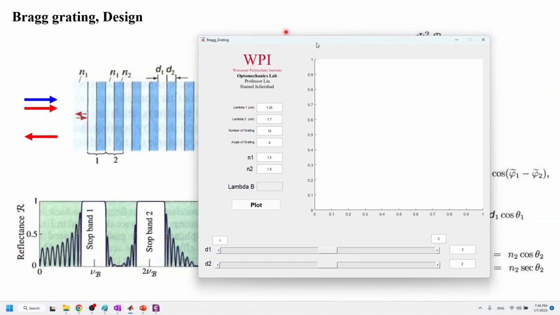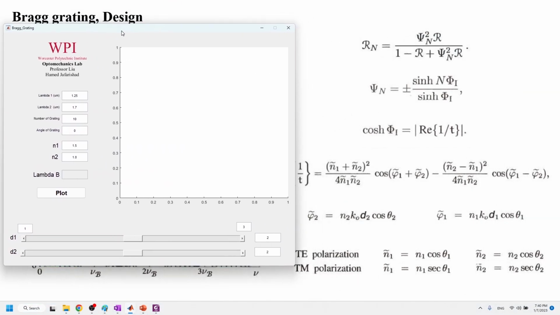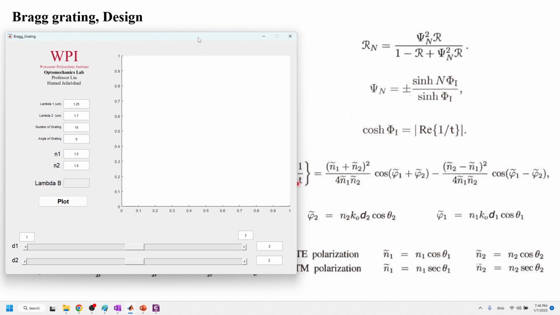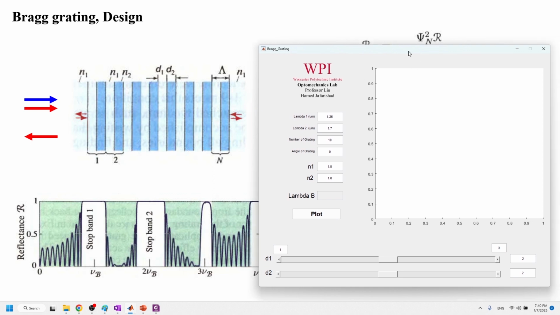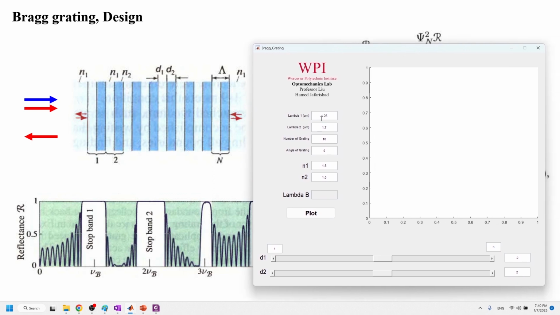we have this program that works based on these equations and can quickly calculate for us the graph that we're looking for. In this program, lambda 1 and lambda 2 are the first and the last wavelengths that we are interested in.